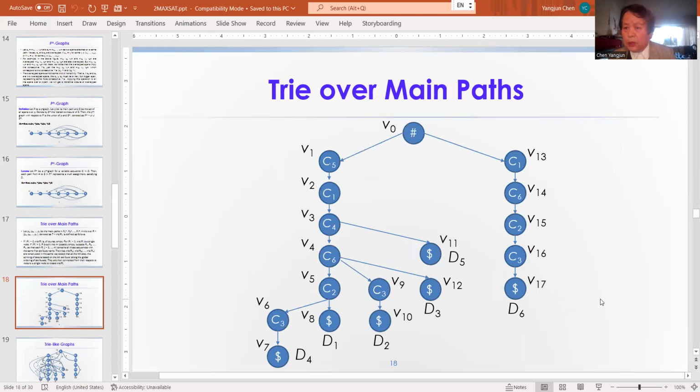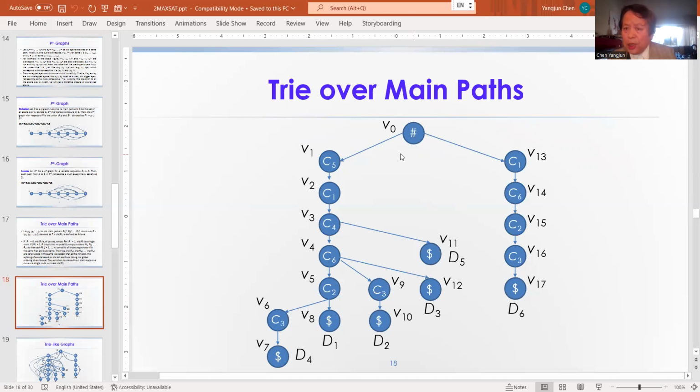Now, what we want is to merge all the P-star graphs for all the conjunctions together to generate a trie-like graph. In the first step, we'll generate the trie structure of all the main paths in all the P-star graphs. For example, for the above example, we can generate a trie structure like this.